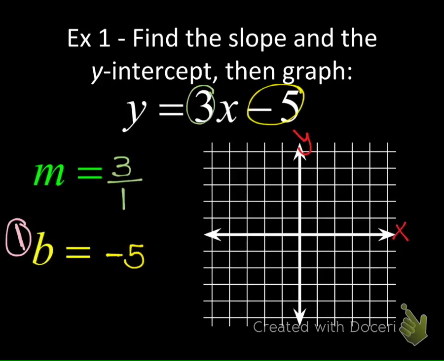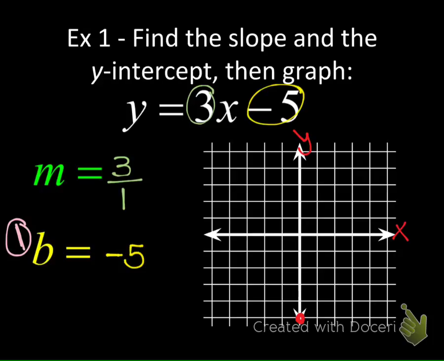So what's your y-intercept? Negative 5. So on your y-axis, you're going to plot the point negative 5. If I want to plot the point negative 5, am I going to count up 5 or down 5? Down 5. Okay, so I'm going to go down 5 here. 1, 2, 3, 4.